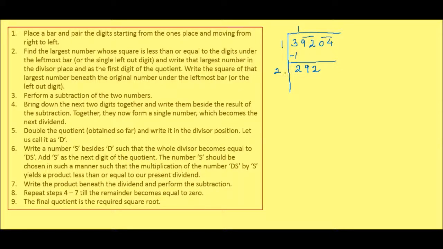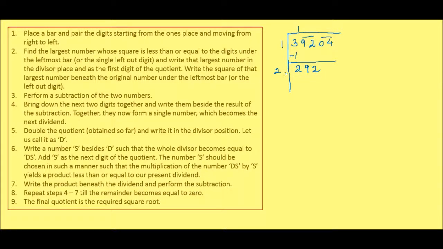Whatever we write over here, we have to write the same digit next to 1 as well. The number S should be chosen in such a manner that the multiplication of the number DS, that is 2 followed by that digit, by that digit yields a product less than or equal to our present dividend. Our present dividend is 292.